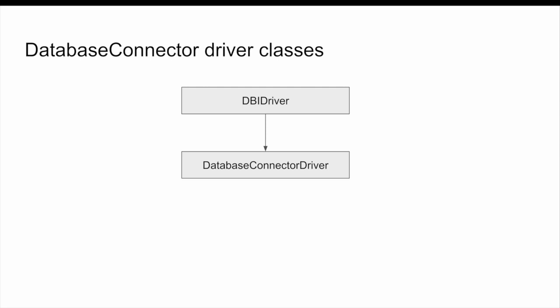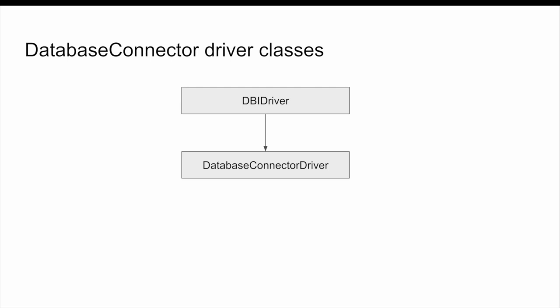The way that Database Connector implements this in R is that it has a single driver class which works on all databases. And so all the logic that changes how the driver behaves depending on the type of database is just coded into the methods for Database Connector driver.